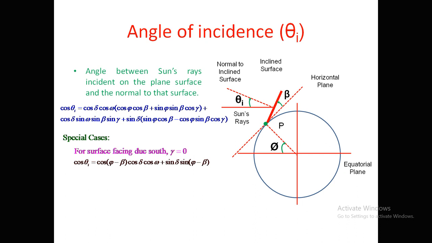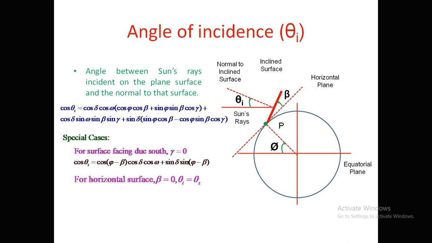Please remember the trigonometry formulas for cos (phi minus beta) and sin (phi minus beta). If we substitute gamma equal to 0 in the previous blue colored equation, you will definitely get the brown colored equation. Please try yourself. That's easy. This is the first case.